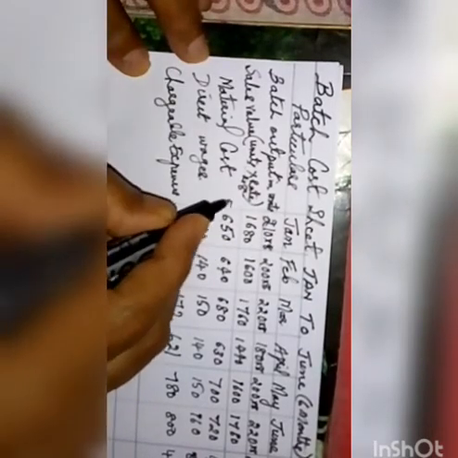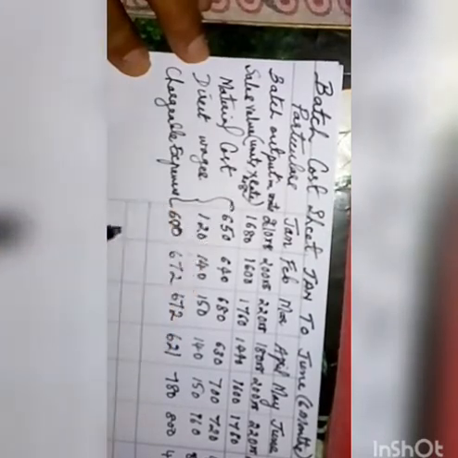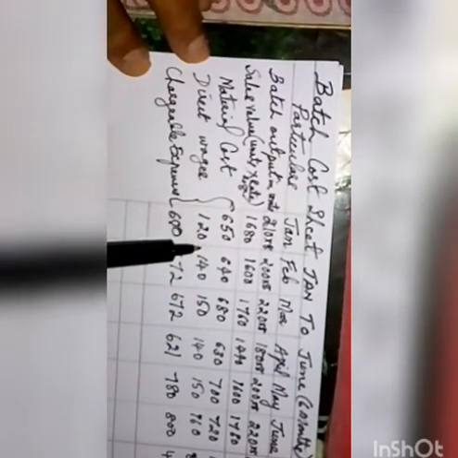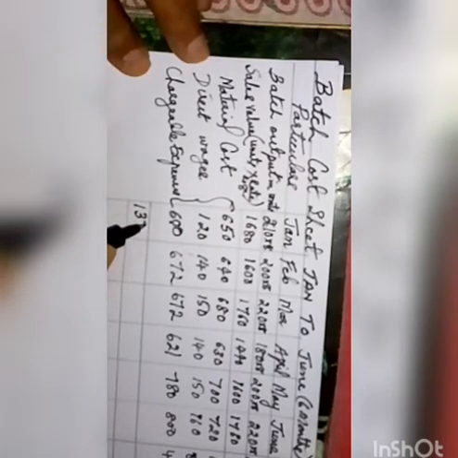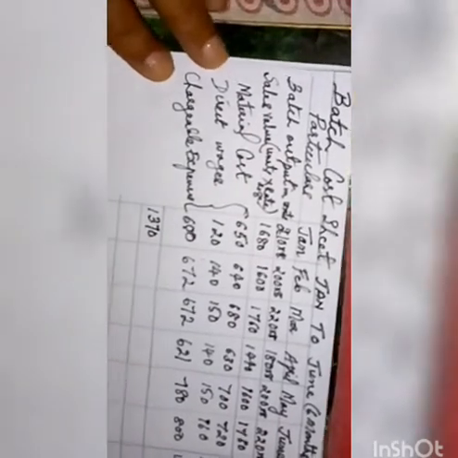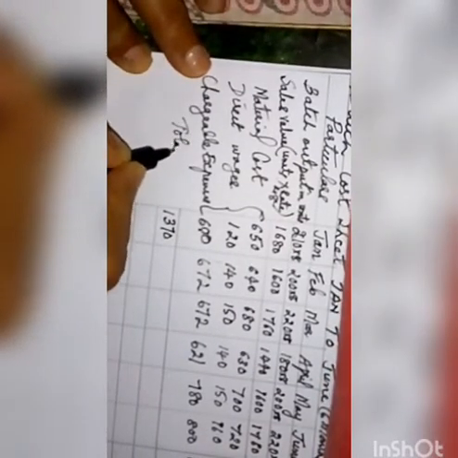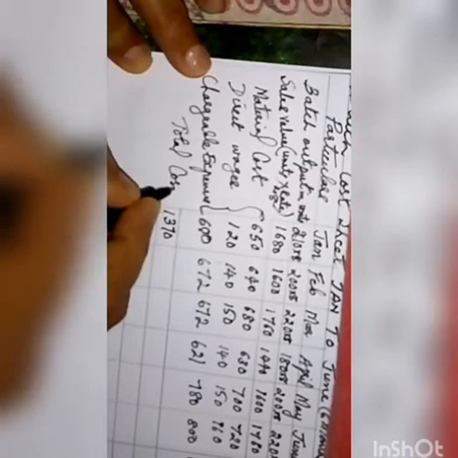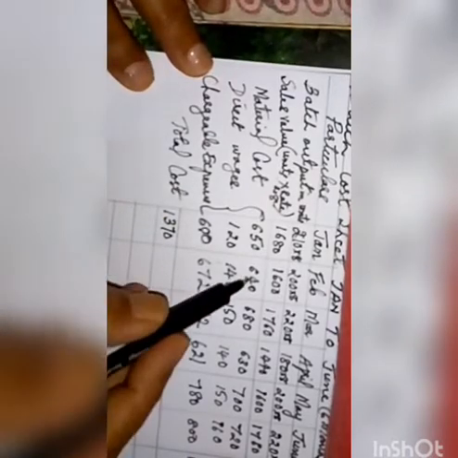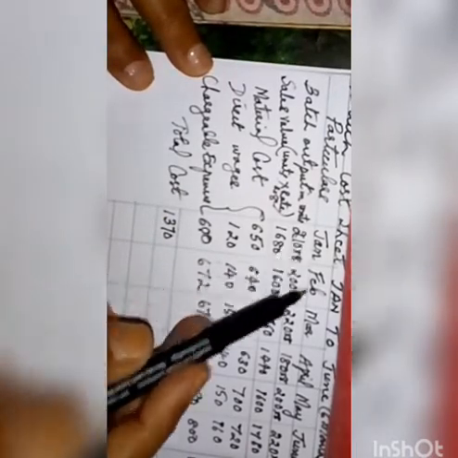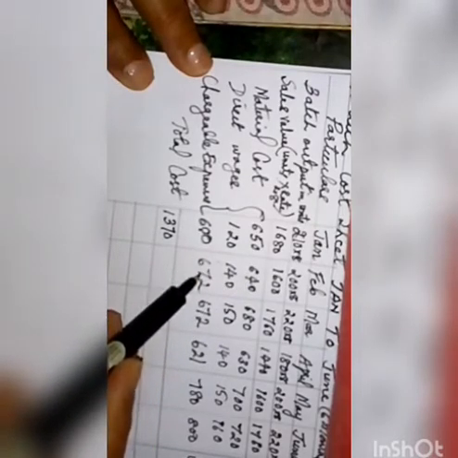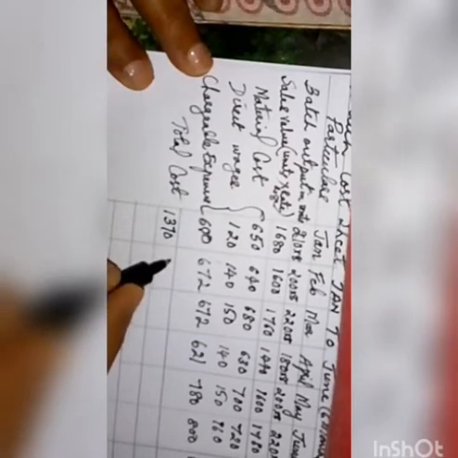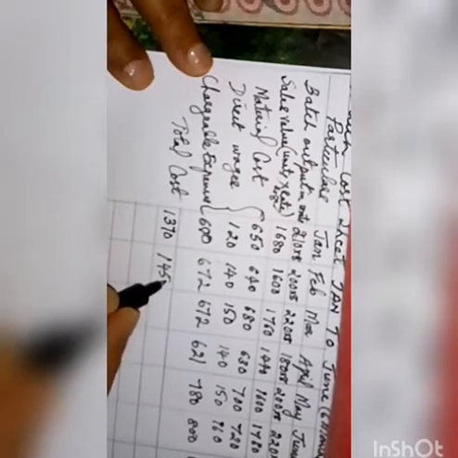Now we need to take the total of batch wise total cost, 650 plus 120 plus 600. So total of these three expenses comes to 1,370 total cost. And for the second batch, 640 plus 140 plus 672, the total comes to 1,452.